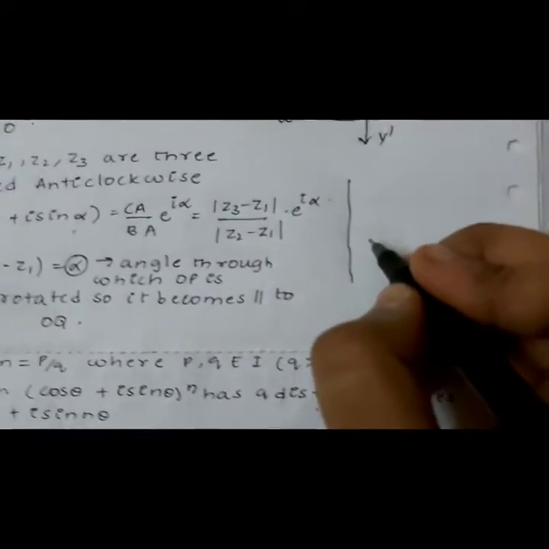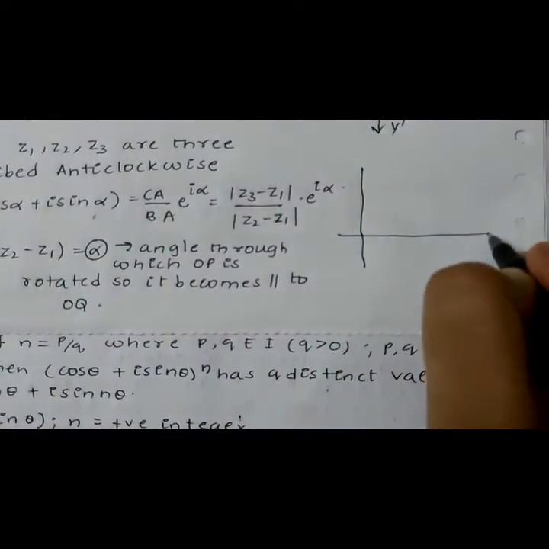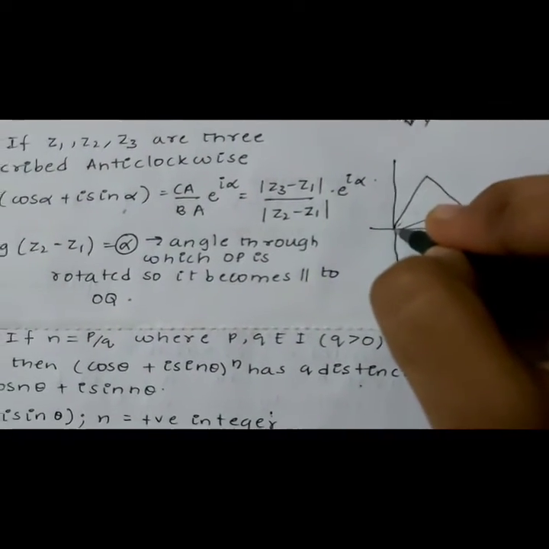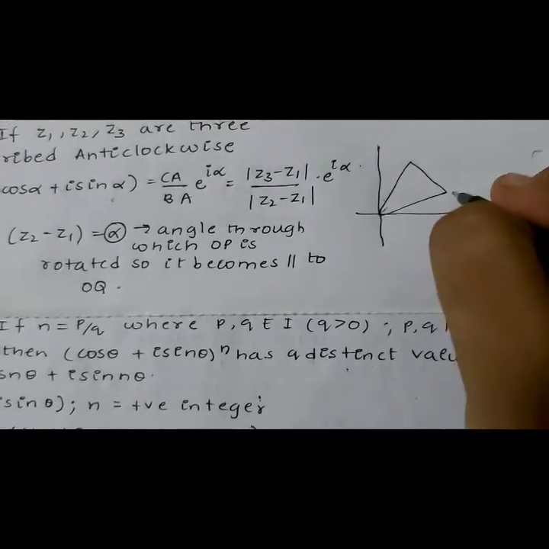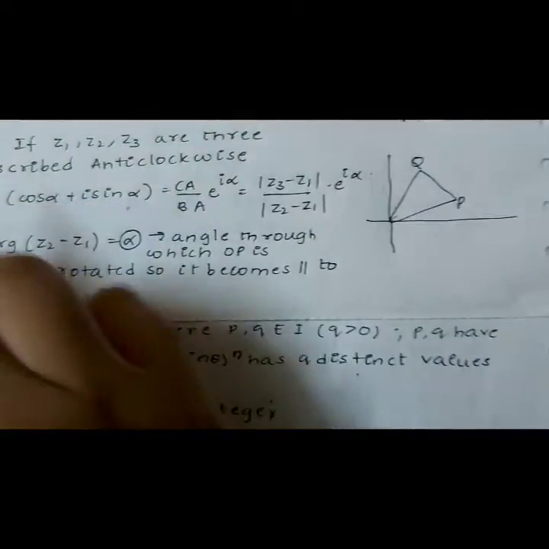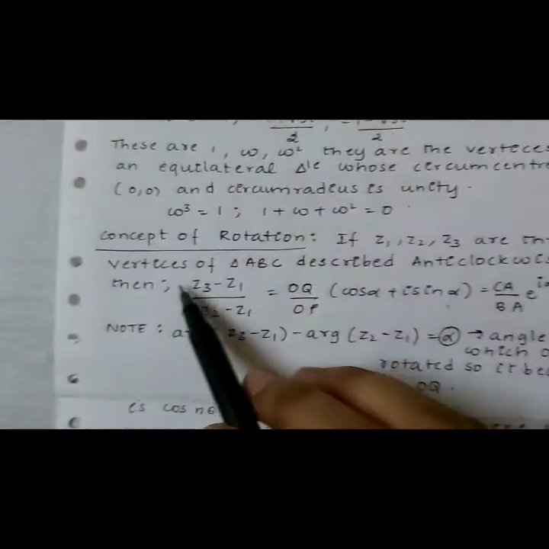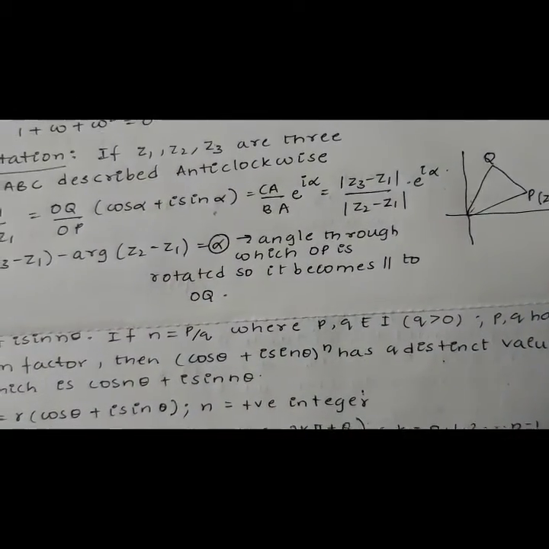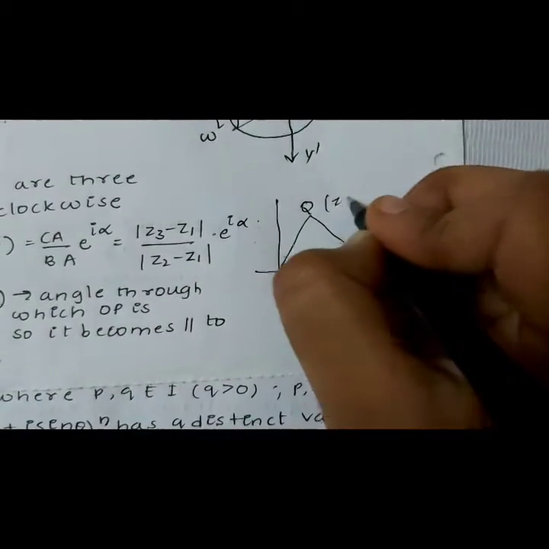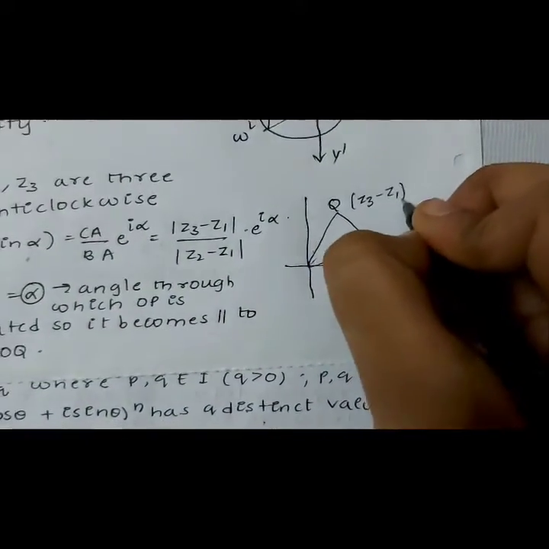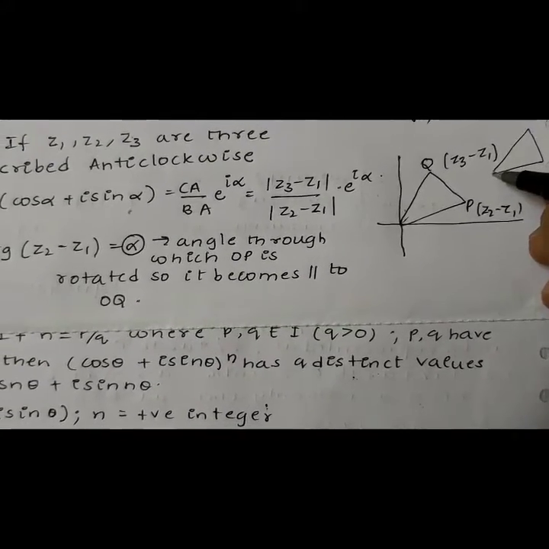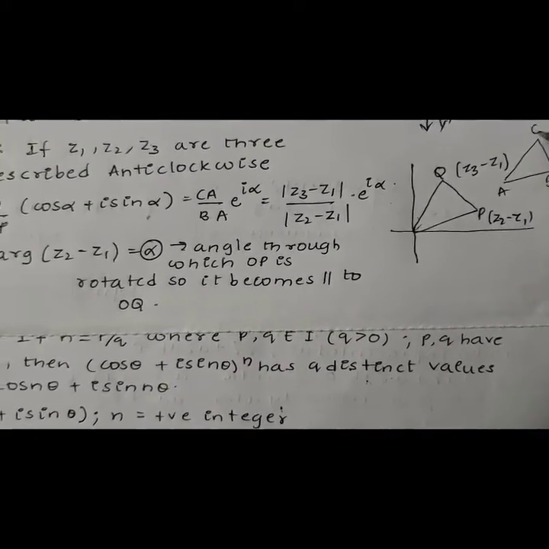When you consider the plane, a triangular plane, this is PQ, as we wrote here. P is Z2 minus Z1 and Q is Z3 minus Z1. And we consider here another plane, that is ABC.